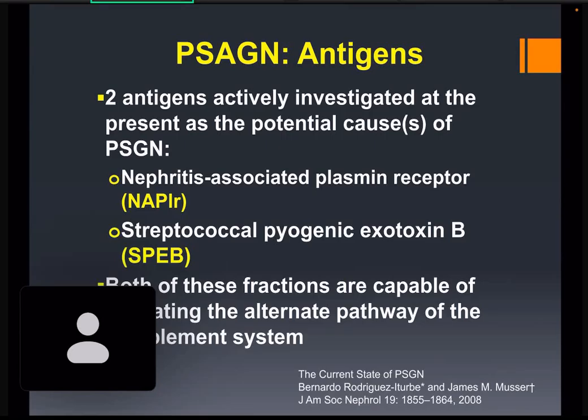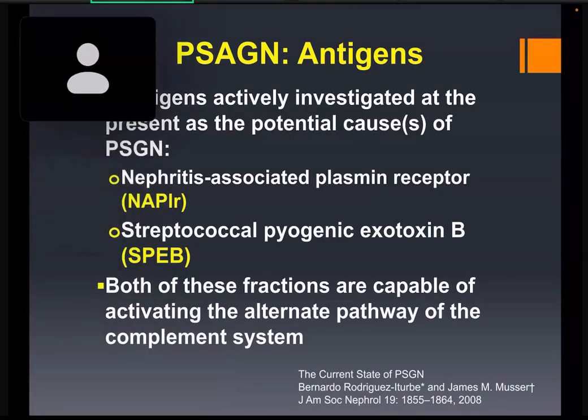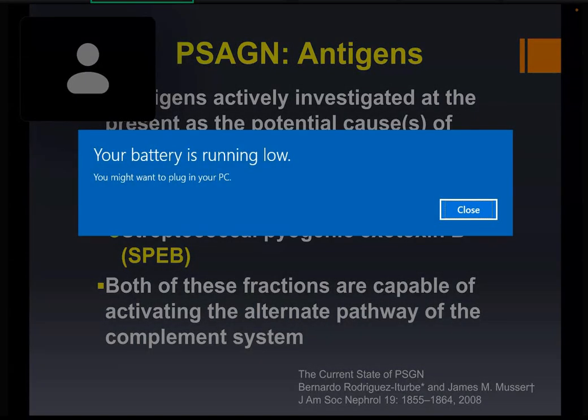These are the nephritis-associated plasmin receptor, or NAPlr, and the streptococcal pyogenic exotoxin B. The NAPlr is from the host, and if you have the host receptor plus the streptococcal pyogenic exotoxin B from the organism, then you can develop PSGN.